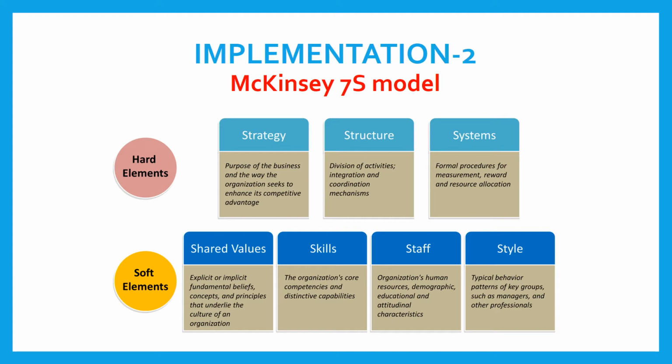In shared values, what are our principles and how do they help us? Why do we do what we do in the organization? Style is mainly of the leadership. Style is what leadership style and cultural qualities will help us to achieve a strategic objective.